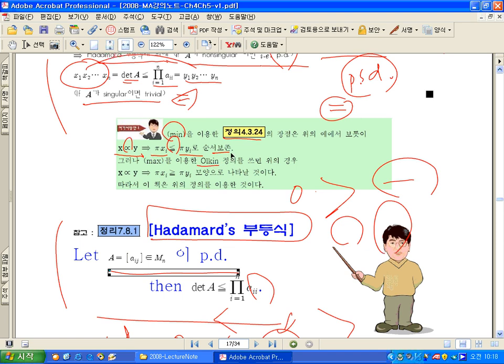Marshall and Olkin wrote a major reference book on majorization. In their book, they use the maximum instead of this minimum definition. In that case, when x is majorized by y, the vectors have different orders like this.